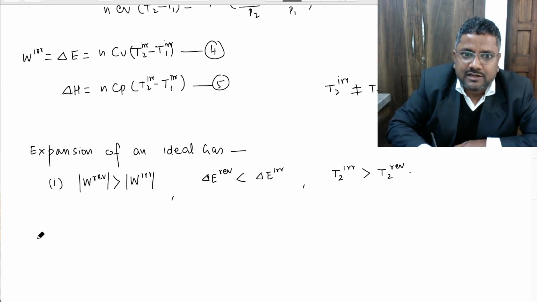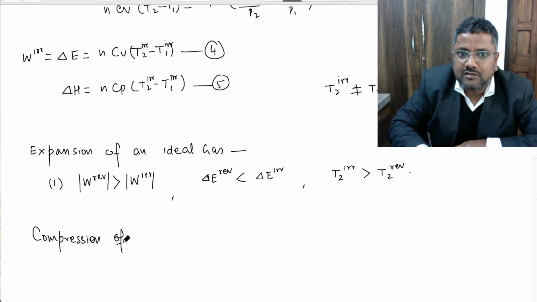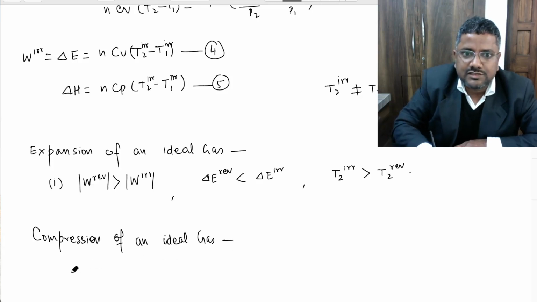Suppose that compression is taking place. Compression of an ideal gas. So this time W reversible is less than W irreversible.